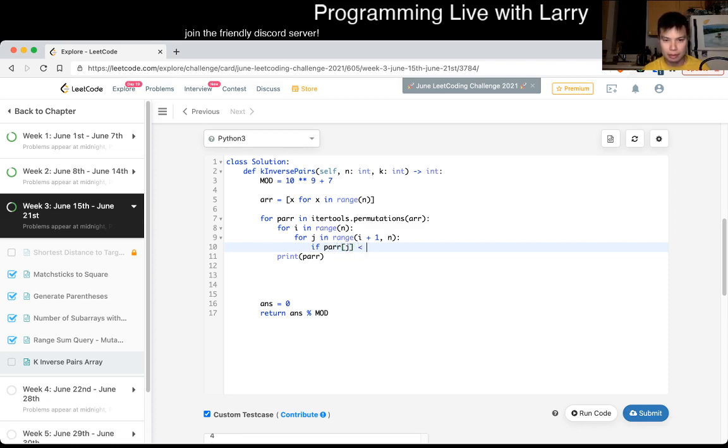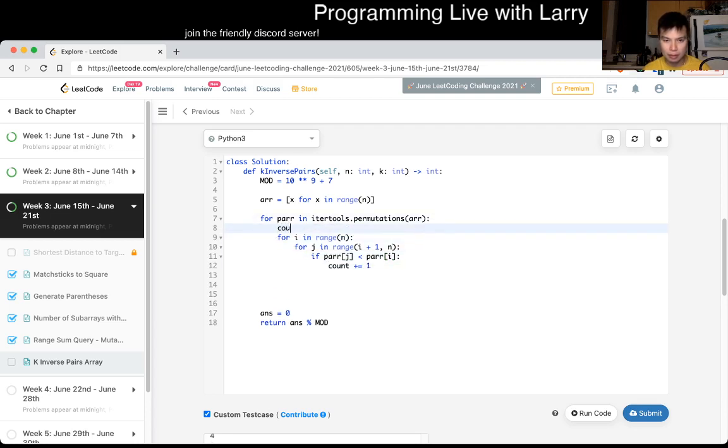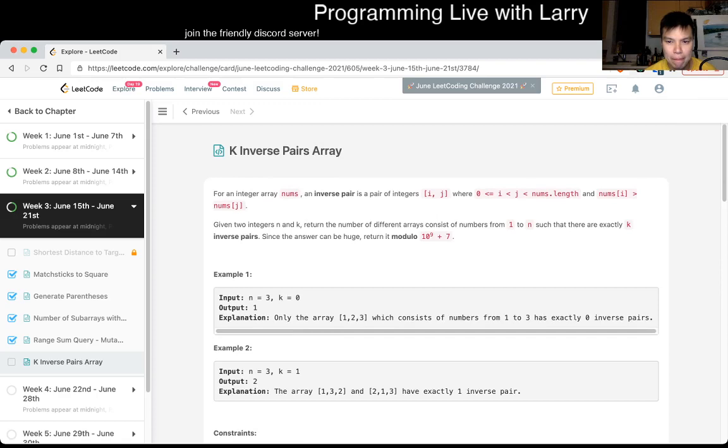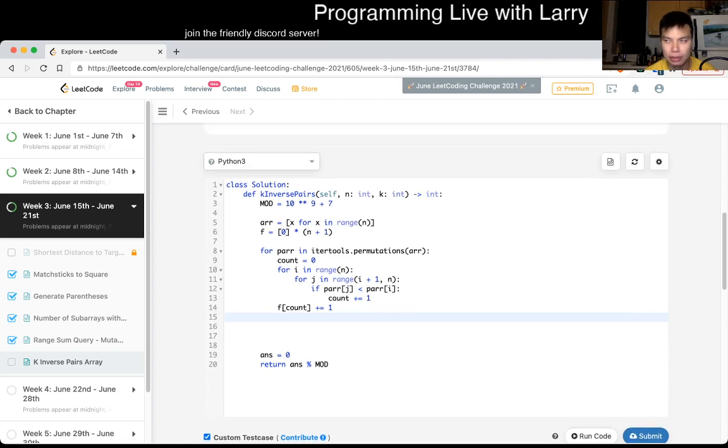J is less than. Wait, is that right? That is not right, because this can actually go beyond n, because it can be n choose 2, right?